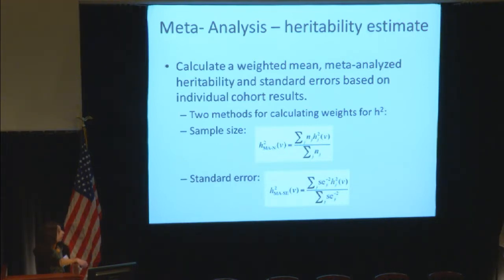Once we weighted by the number of subjects in each group, and also by the standard error. The number of subjects is a little biased because with the different family structures, a large cohort in a pedigree doesn't necessarily mean the same thing as the same number of subjects in a well-controlled twin study.